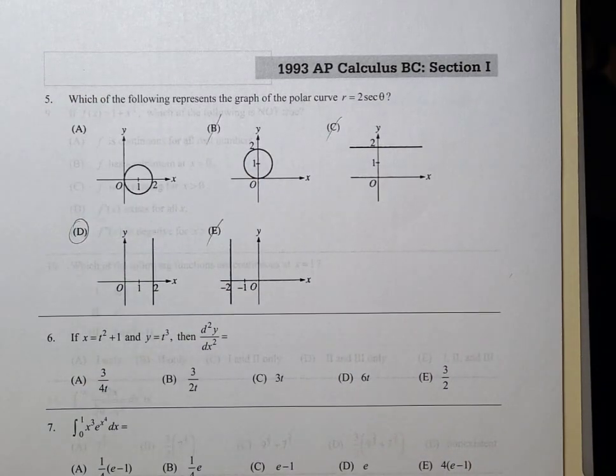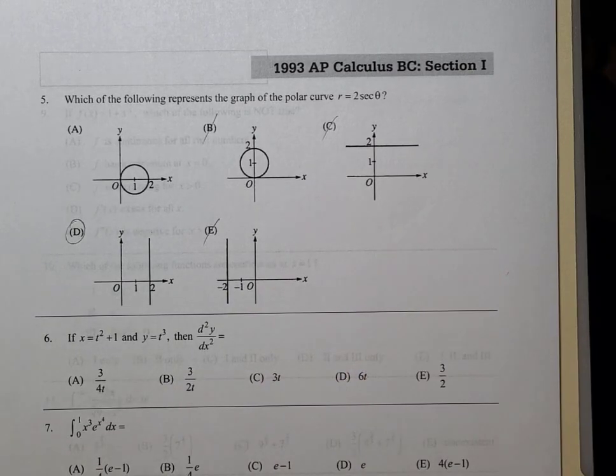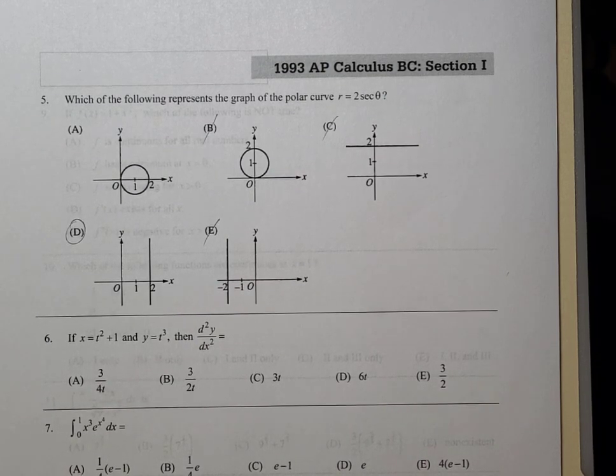Okay. Another way to do it is, we know the definition of r and x, or x is r cosine theta. Okay, that's just a definition.